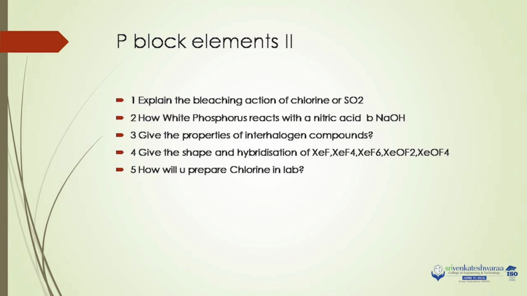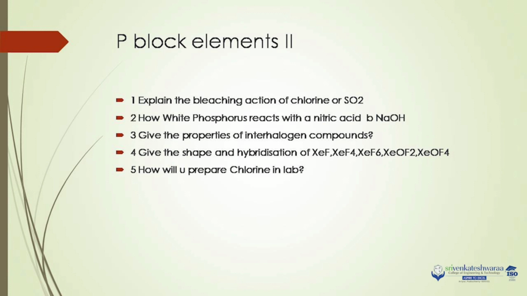Similarly, for the compound Cl2O3, what is the oxidation state of chlorine? 2x plus 3 into minus 2 equals 0. 2x minus 6 is equal to 0. X is equal to plus 3. So regarding chlorine, plus 3 is the oxidation state.